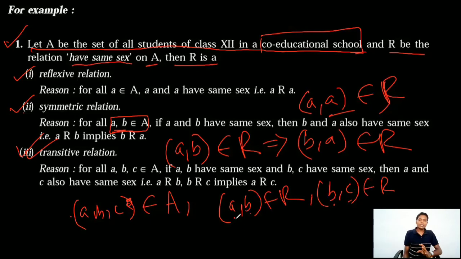So we can easily conclude that student A and student C have the same sex. So R is a transitive relation.